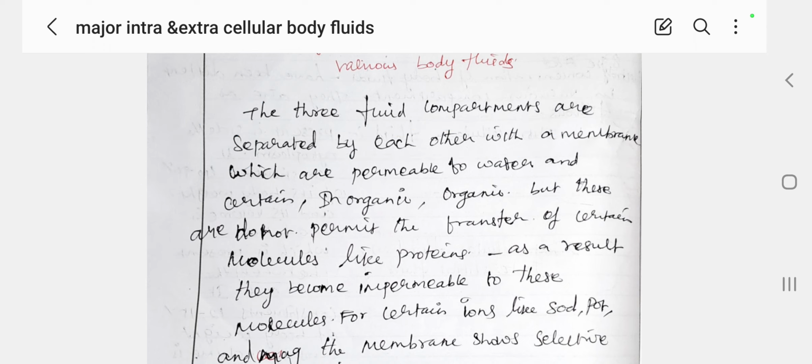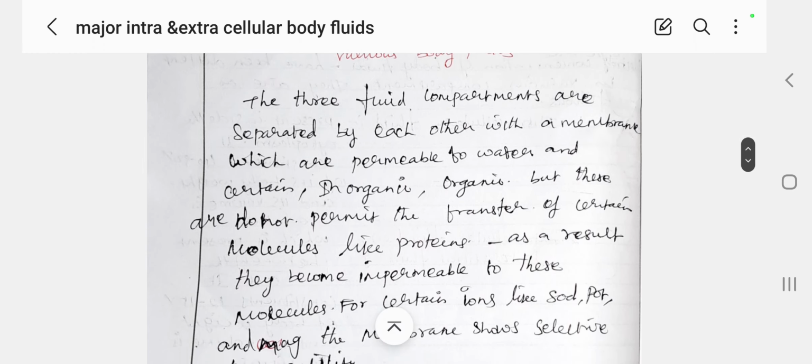The membrane is permeable to water and certain inorganic substances, but it does not permit the transfer of certain molecules like protein.